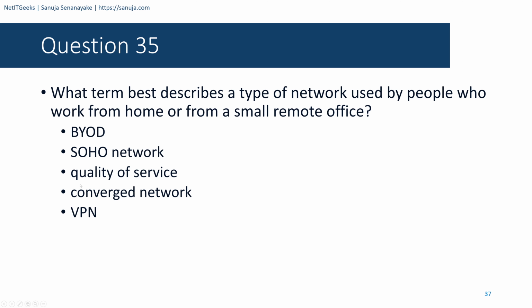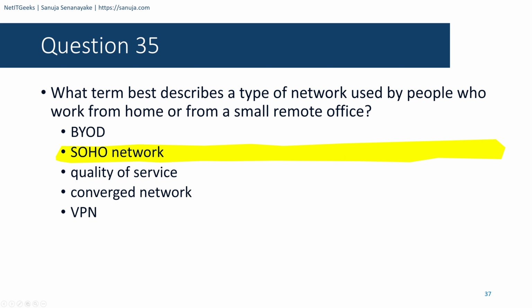If you look at the 5 answers here, 1, 2, 3, 4, 5. Yeah, 5 answers. There are 2 answers possible: small office, home office network, or SOHO network, or VPN. But does the VPN actually make sense when they are just working from home? Can I do my own business from home, not connecting to any network? Yeah, I can. I can work from home without having a VPN, right?